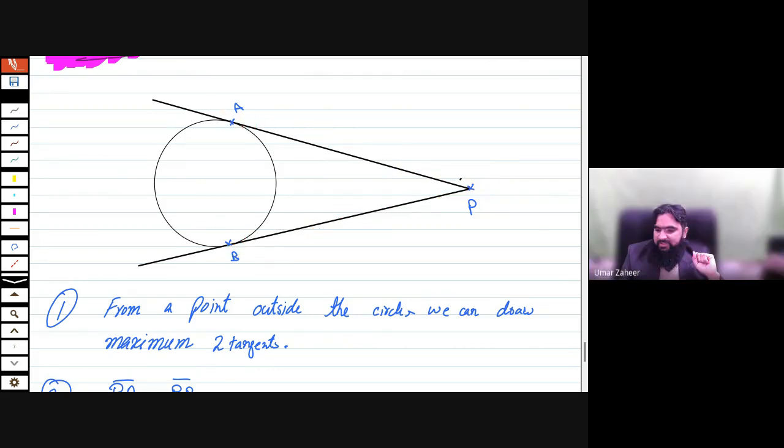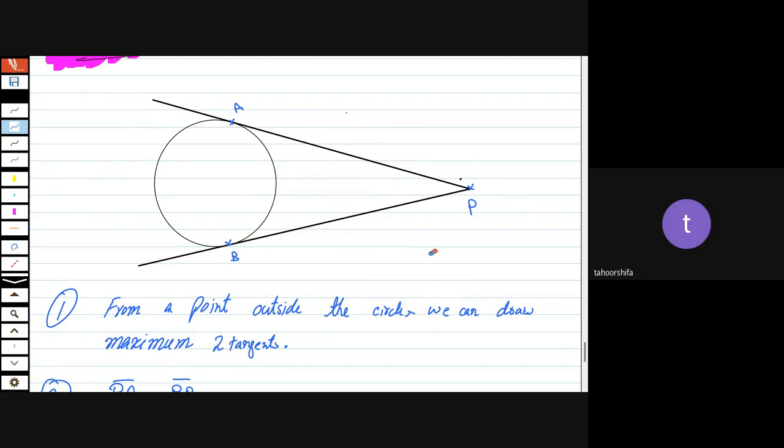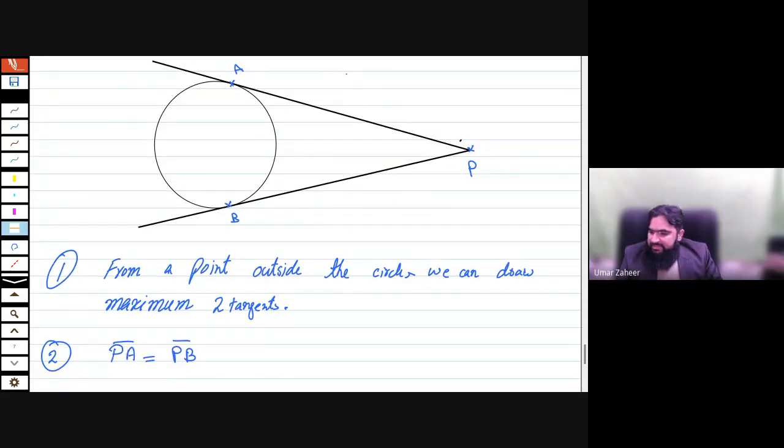For example, if the length AP is equal to 5 centimeters, then PB must also be equal to 5 centimeters. Clear? Yes, sir. Well, let's say this is the center.